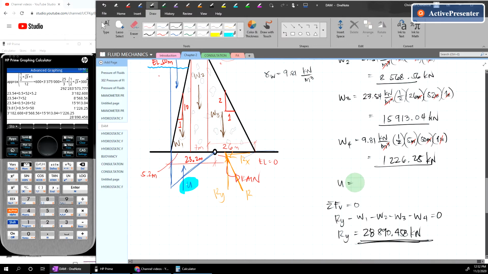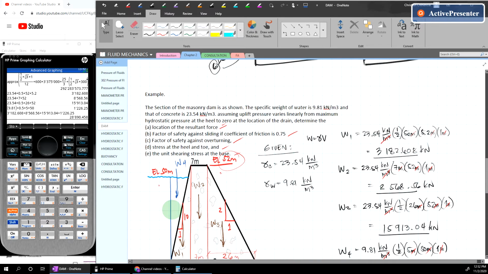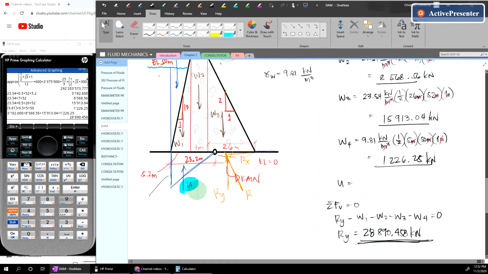So, which is equal to sa volume ng pressure diagram doon sa ilalim. Yung uplift pressure natin. So, this height, ito, no? So, this is sabi nga full hydrostatic, sabi sa problem. Assuming uplift pressure varies linearly from maximum hydrostatic pressure, okay, to 0 at the drain. So, maximum hydrostatic pressure.